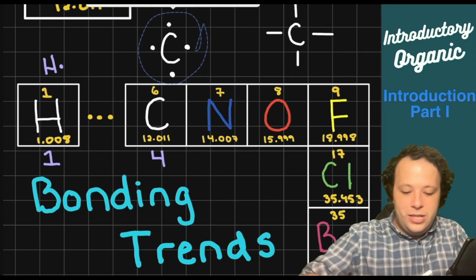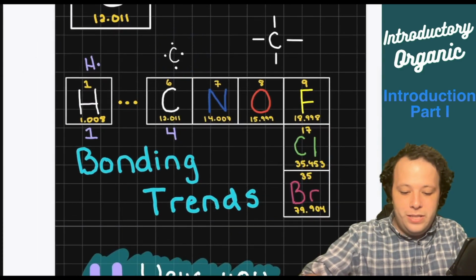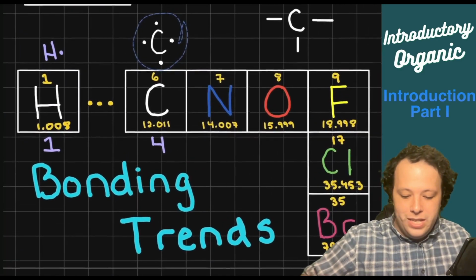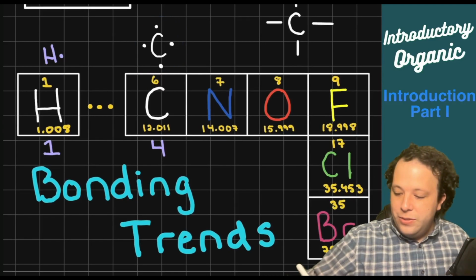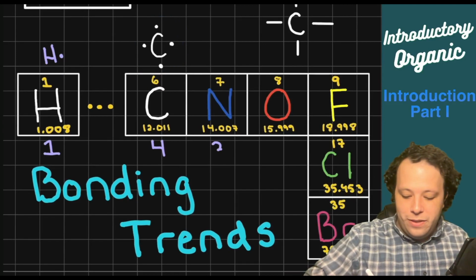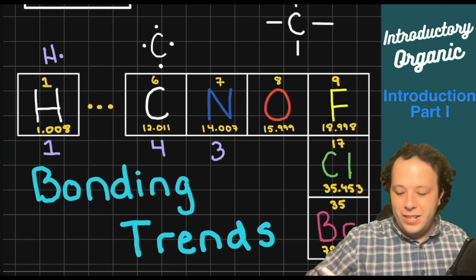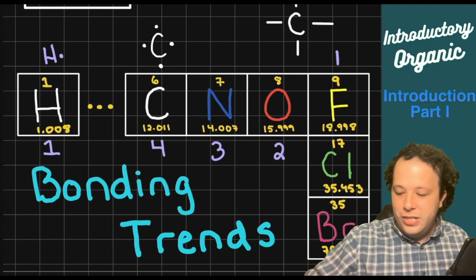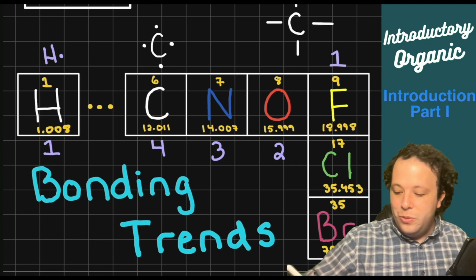Now, how does that trend continue? Nitrogen is right next to carbon, and that can do a total of 3 bonds. Oxygen can do 2, and all of the halogens on the far right-hand side of the periodic table can all do 1.